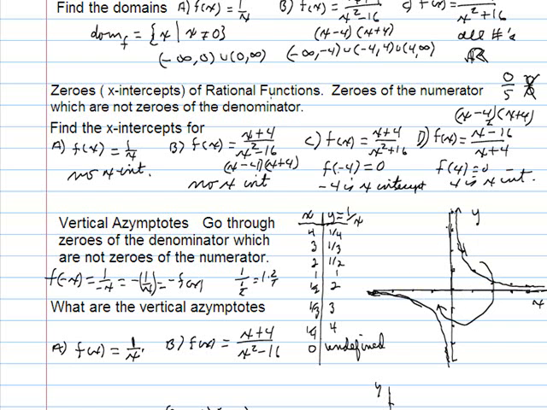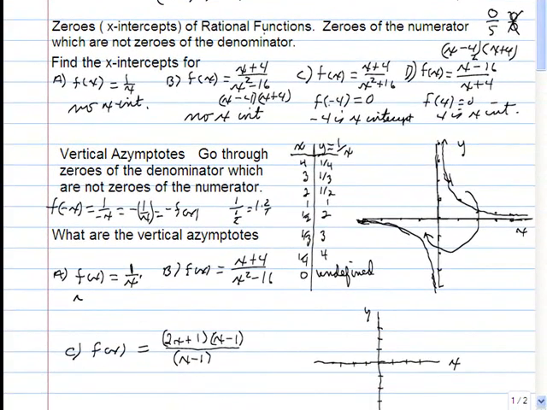Notice the y-axis is a vertical asymptote for the curve, the x-axis is a horizontal asymptote, but we're interested right now in vertical asymptotes, so we'd say our vertical asymptote is x equals 0, which is another way of saying the y-axis. Let's take a look at vertical asymptotes here. Are there any zeros of the denominator which are not zeros of the numerator?